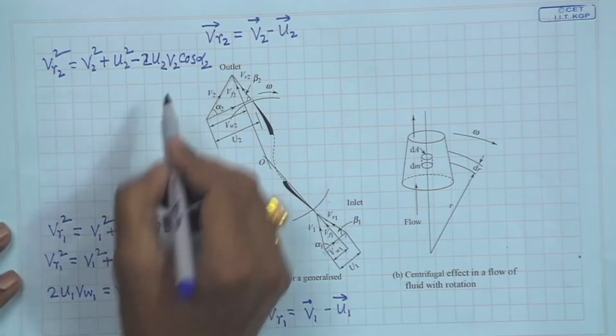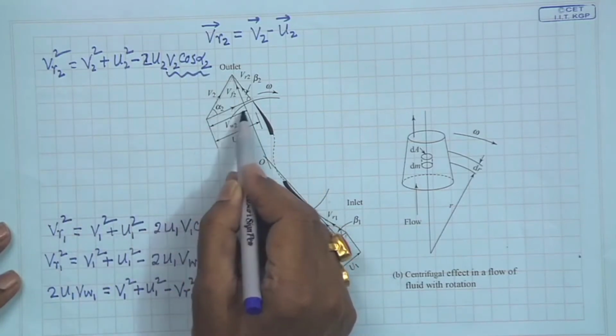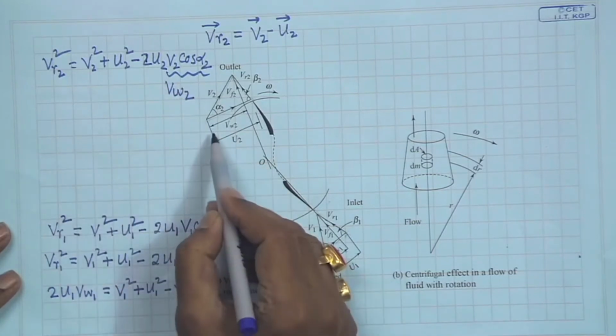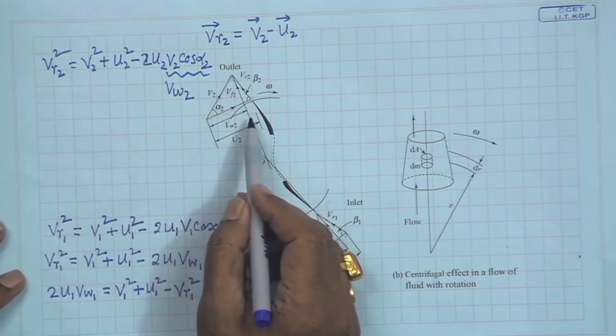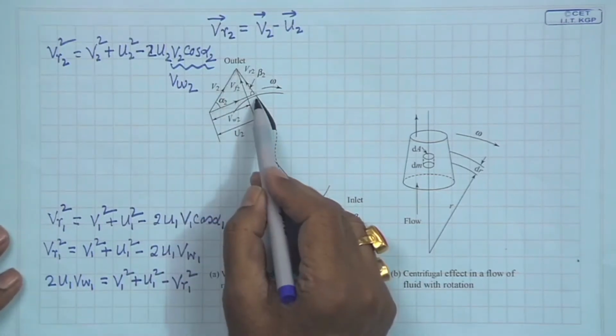Well, and this V2 cos alpha 2 again is VW2. See, this is VW2, that means the tangential component of the absolute velocity of the fluid at outlet.